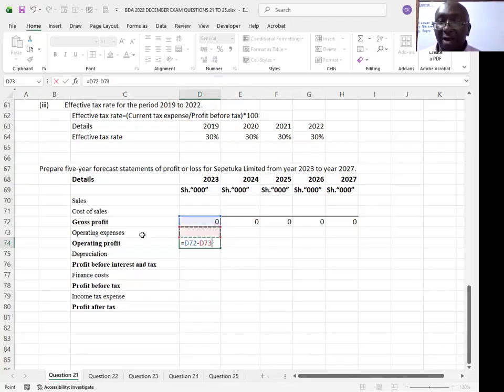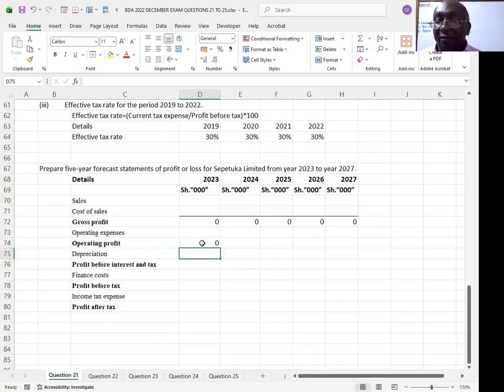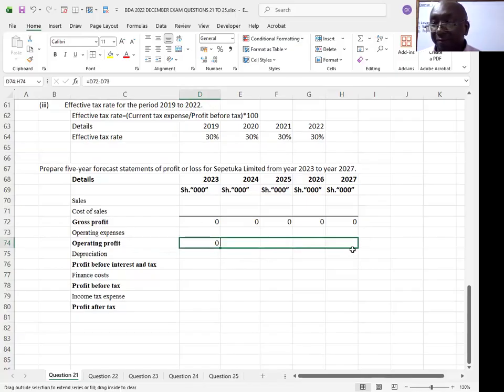Gross profit minus the operating expenses. So press enter. Alafu sasa you click back there, put the top border, you autofill. Najipanga hapo.